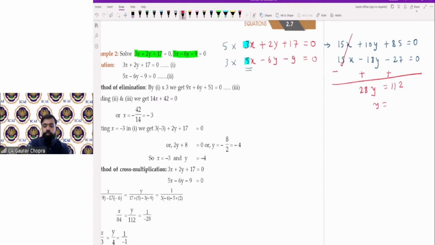Right? So you have done the subtraction, and after subtraction you are getting the result. Now, similarly, you can substitute the value of y in any of the equation and get the result of x. Okay.